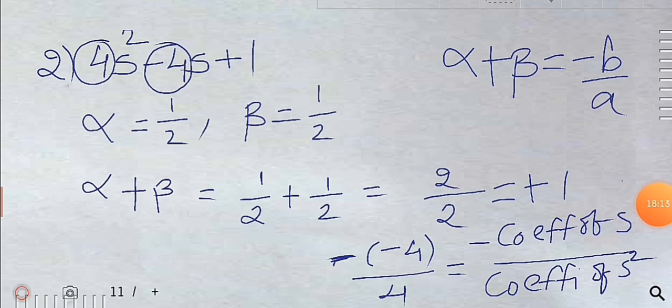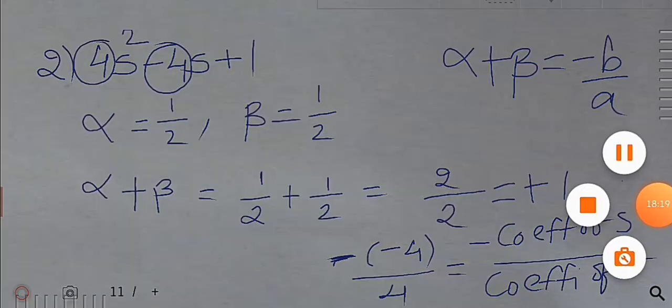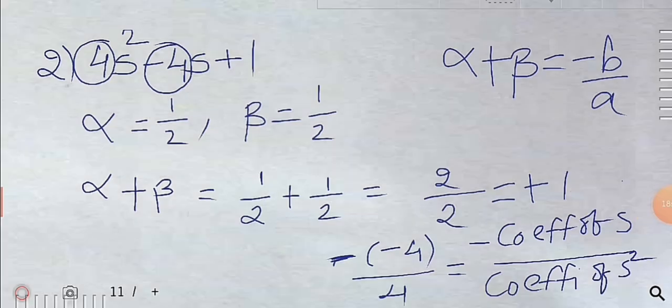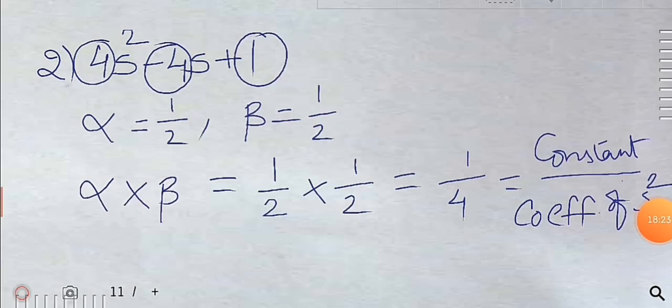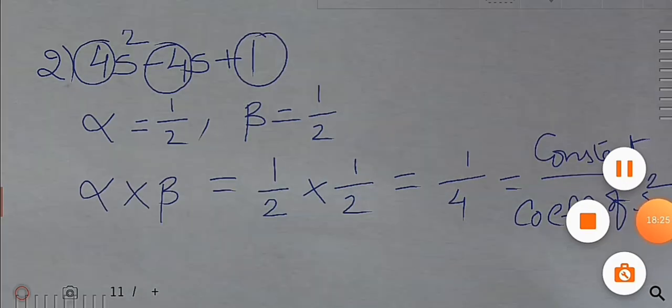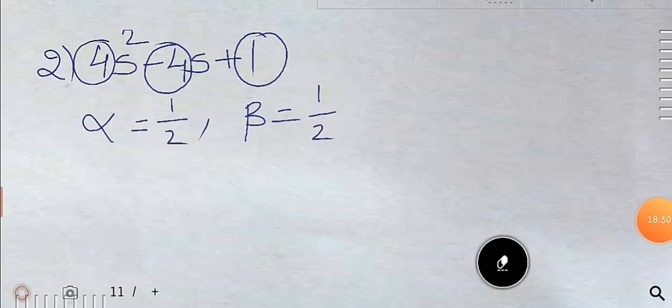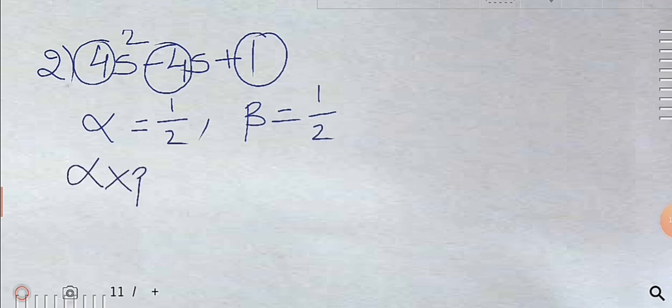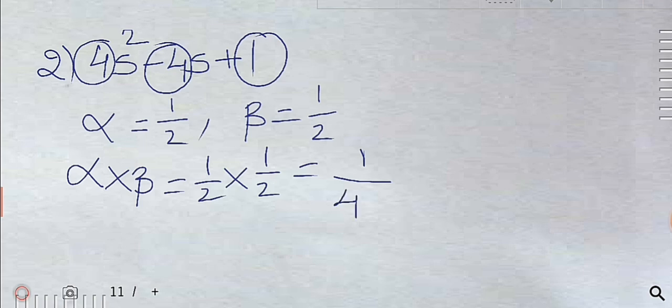Let us see the product of zeros now. Alpha into beta equal to 1 by 2 into 1 by 2 equal to 1 into 1, 1, 2 into 2, 4.